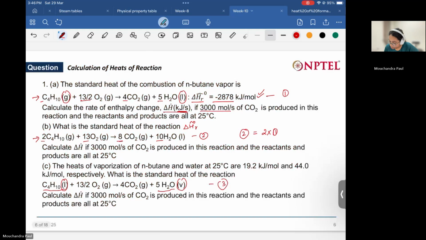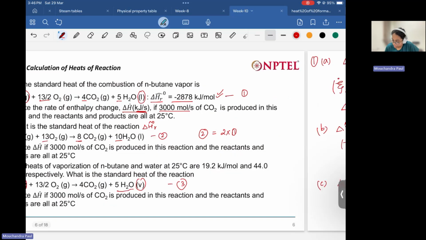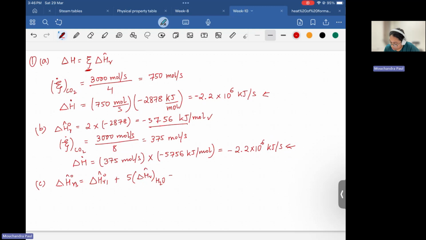And on the reactant side, here only 1 mole of butane in gaseous state, it underwent, you say, heat is removed, right, to become liquid. So it is negative of negative C4H10.